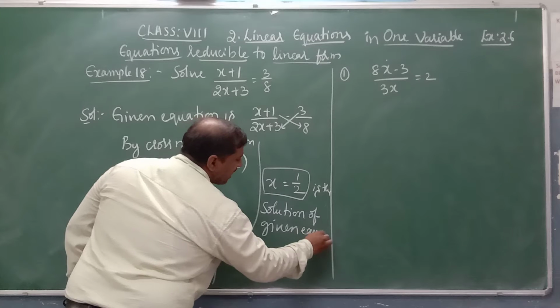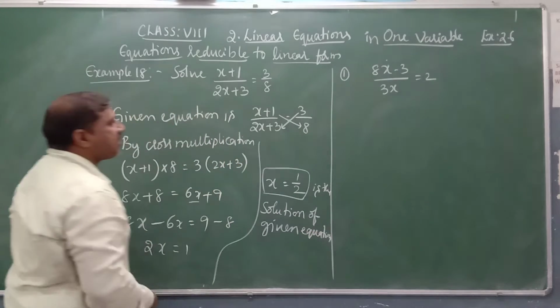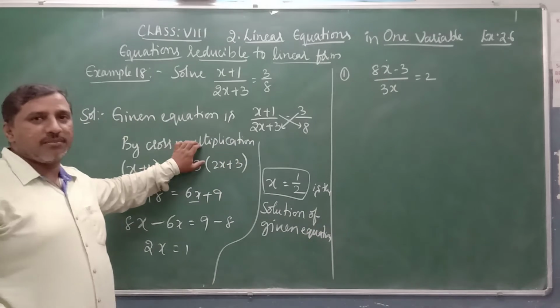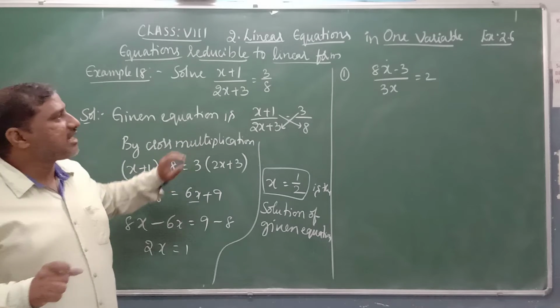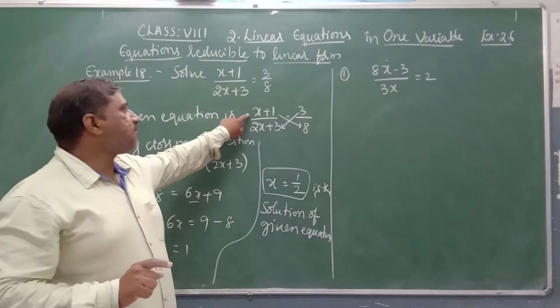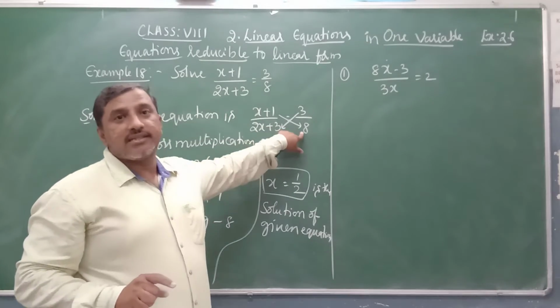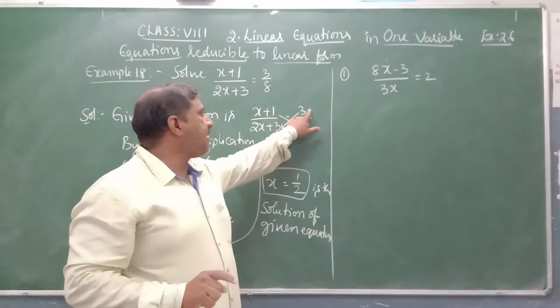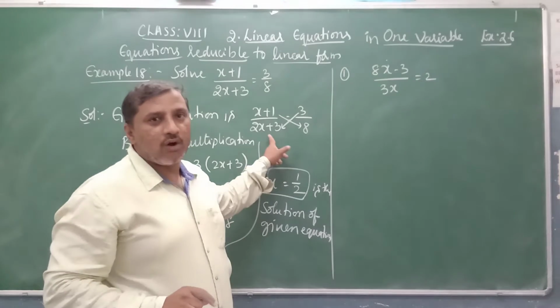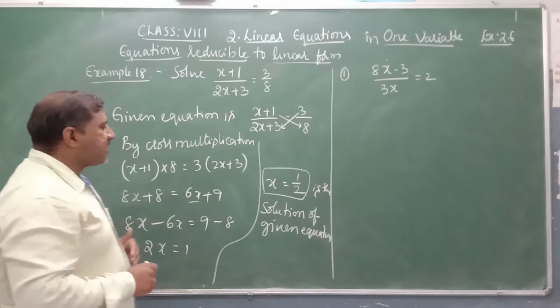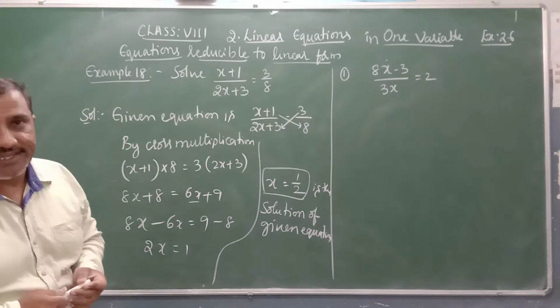So what we did here: the first and foremost step is cross multiplication. (x plus 1), the numerator, is multiplied by its opposite denominator, and 3 is multiplied by its opposite denominator, and by transposing we solve the equation.